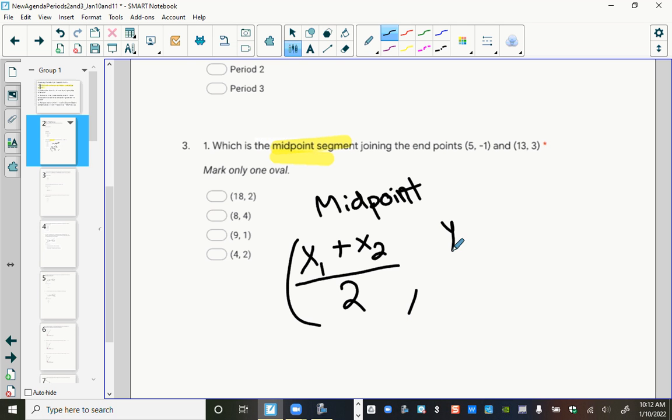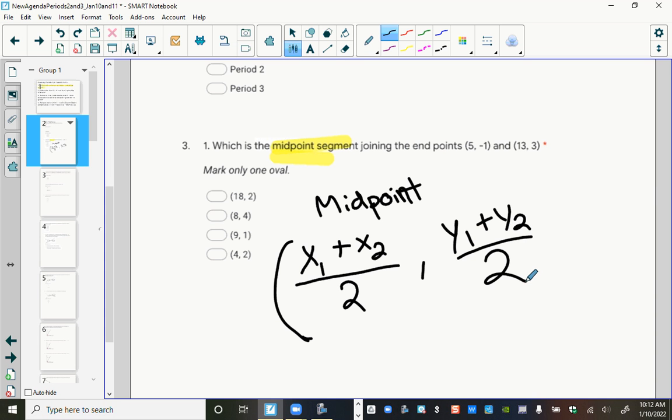And then it's your y1 plus y2, divide by 2. And again, your key: label, label, label. x1, y1, x2, y2. Label everything. Once you label your x's and your y's, then from there, follow this formula. Follow the rule.